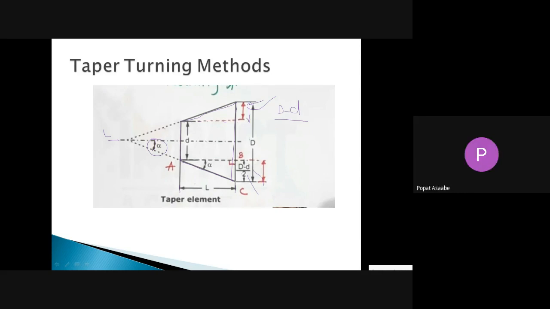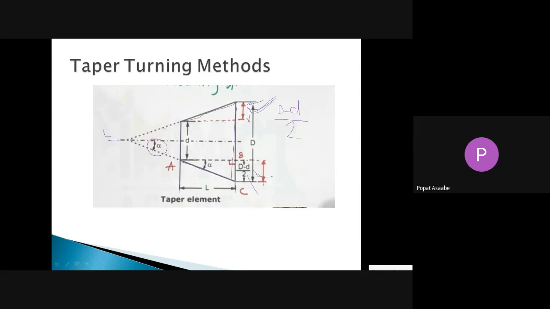Now we will get this distance and this distance. Then suppose we divide this capital D minus small d by 2, then we will get separately this distance and this distance. बरोबर आहे का? Whether you understood or not? You have to calculate that much distance only, this distance and this distance.